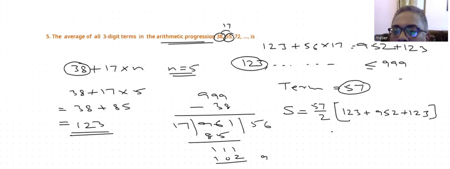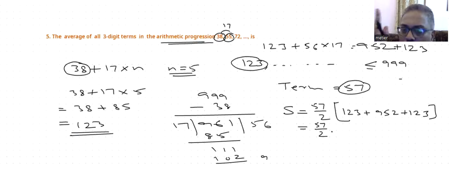So it will be giving you 57 by 2 into (123 plus 952). Let's calculate it. What you are getting here is 123 plus 123 plus 952, 1198, into 57 divided by 2.